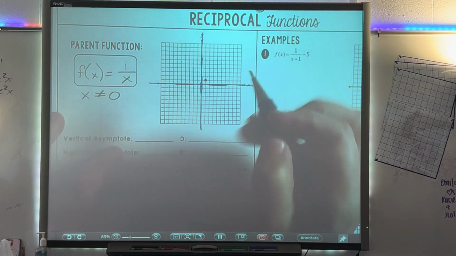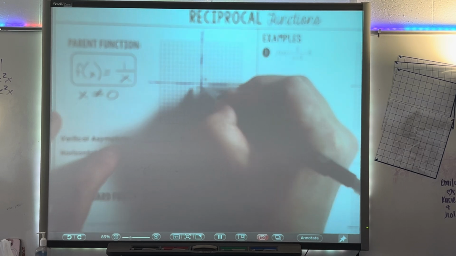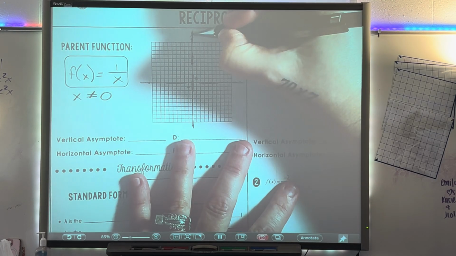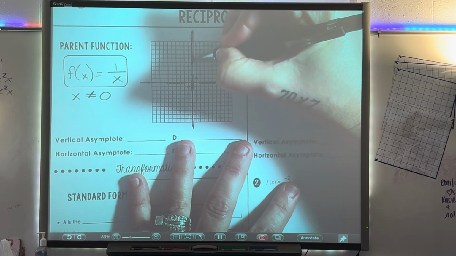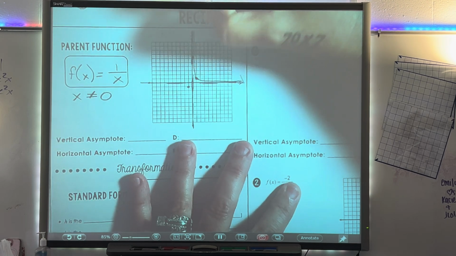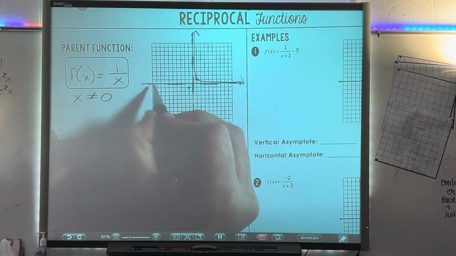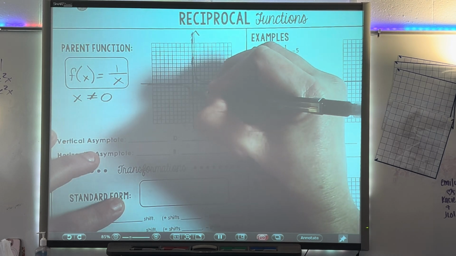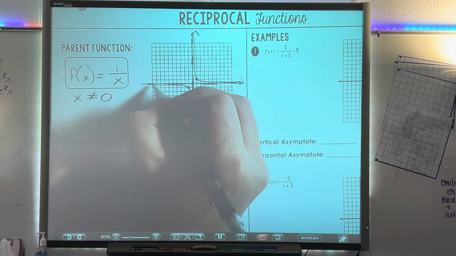If I plugged in -1, I would also have -1. Everything else is going to produce a fraction. So what happens on your parent function is it ends up just looking like this right here, and this right here.